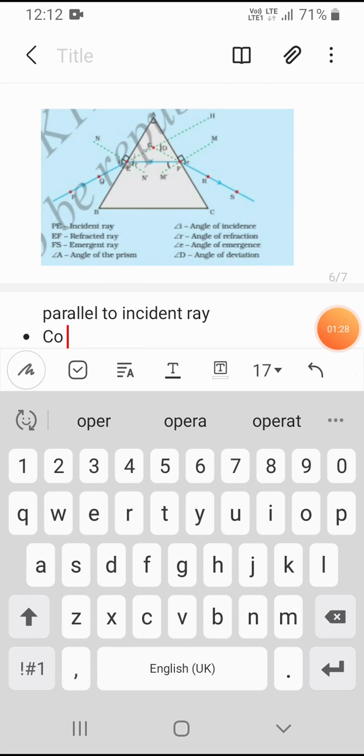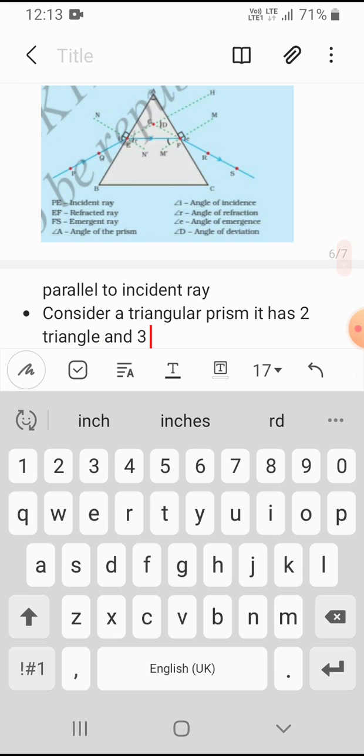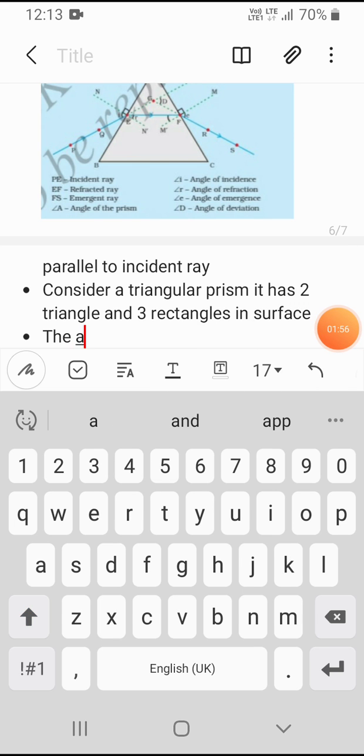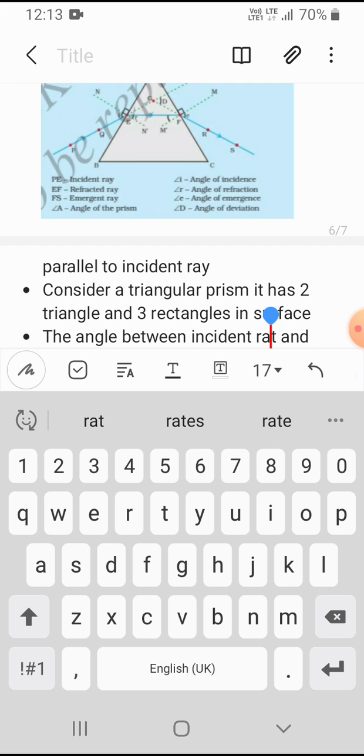So consider a triangular prism. It has two triangles and three rectangles as surfaces.